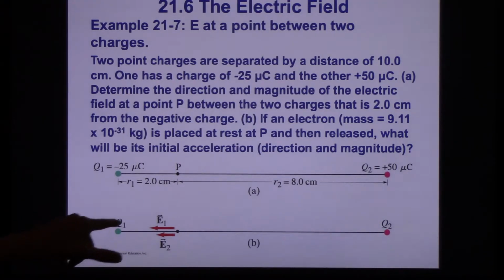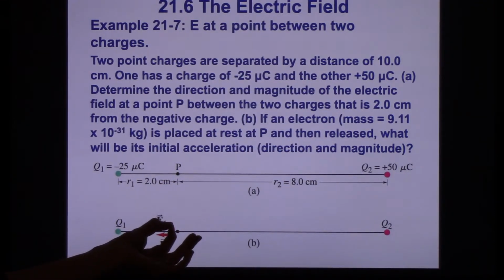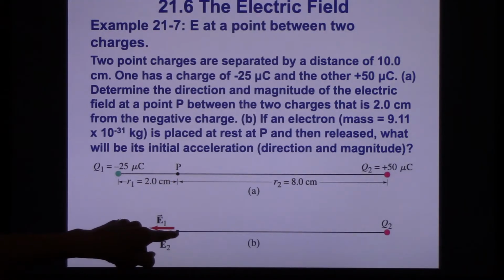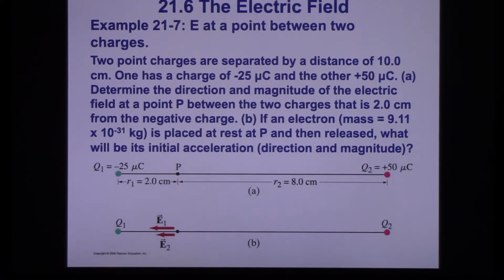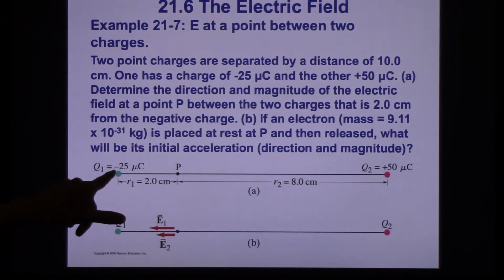So again, I'm thinking of Q1 and Q2 locked into place. An electron is now placed at that location, and then I let go. If I let go of an electron starting from rest, right at that location, tell me about its motion. And what will happen is that the electron will be repelled by charge 1.